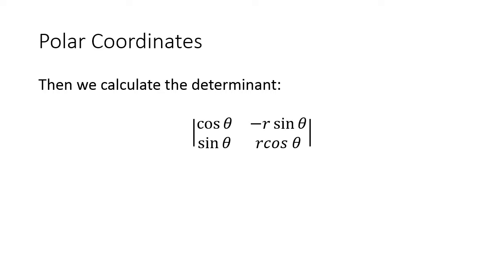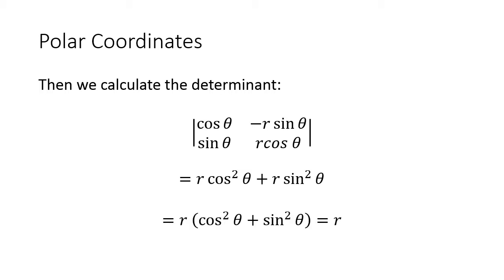So cosine theta times r cosine theta is r cosine squared theta, minus negative r sine theta times sine theta, but negative minus, they're going to cancel out. So plus r sine squared theta. Well, I see cosine squared and sine squared. We factor out that r, cosine squared plus sine squared is 1, and we get just r. R is our scaling factor, and that's exactly what we knew it was because we've been using it for a while now. But this is formally how we would calculate that scaling factor.